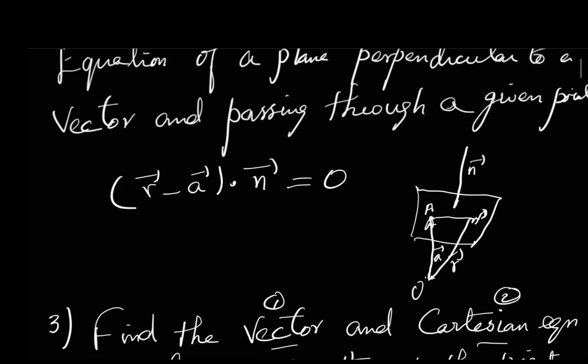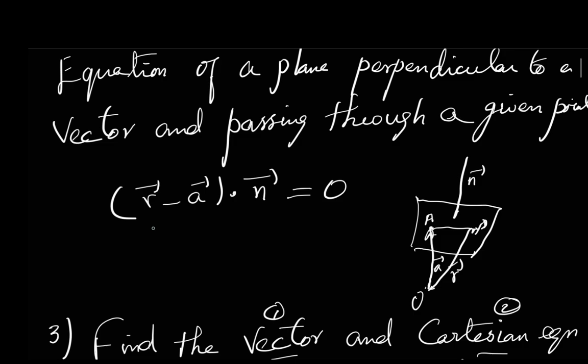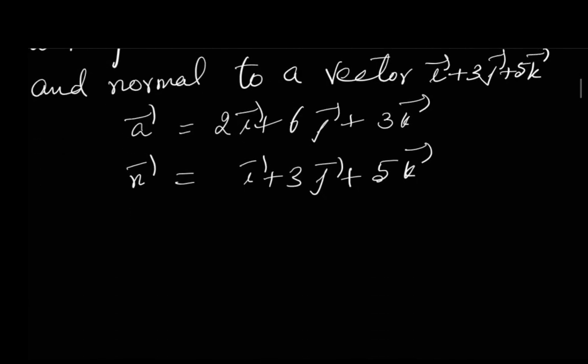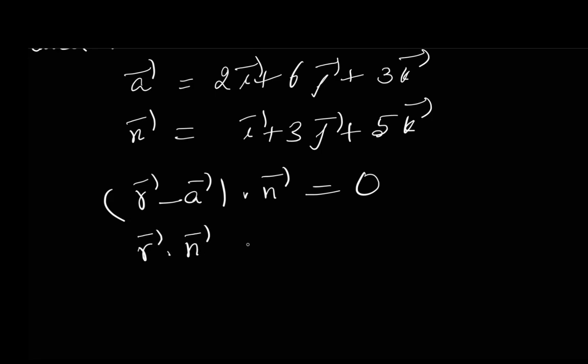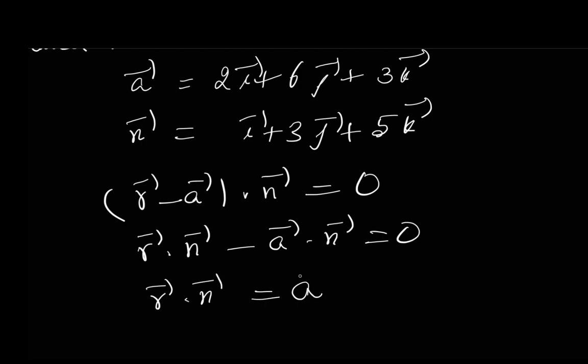So the vector equation is given in the form (vector R minus vector A) dot n vector, which is equal to 0. Just take the dot product: vector R dot n vector is equal to vector A dot n vector.